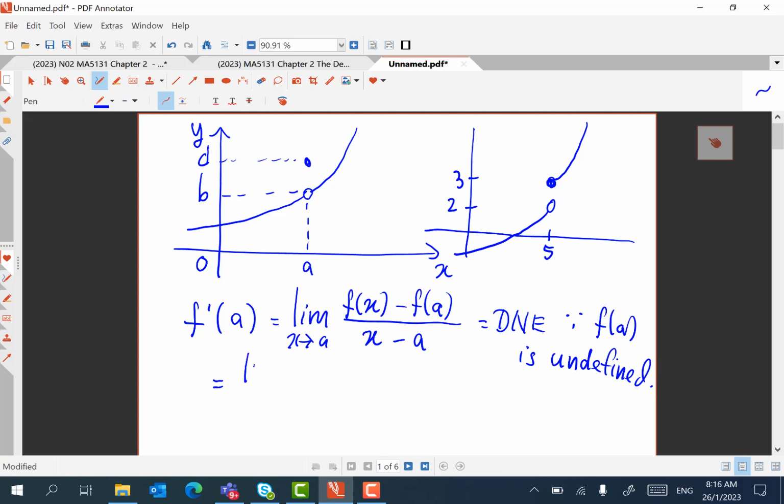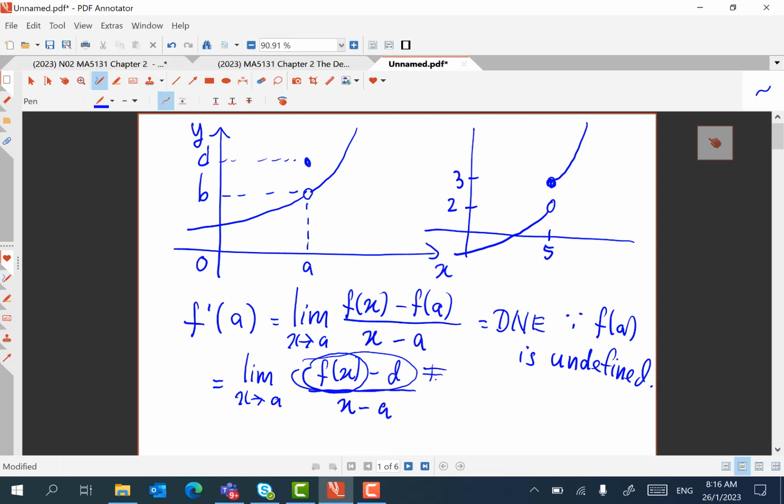Then limit x goes towards a. So she says f of x minus d over x minus a. Now, class, do you agree with me that as x approaches a, this number is never close to d, and therefore this numerator will not be 0?